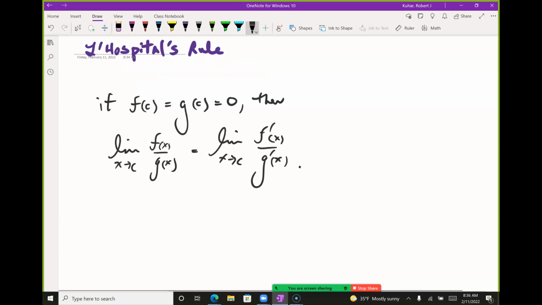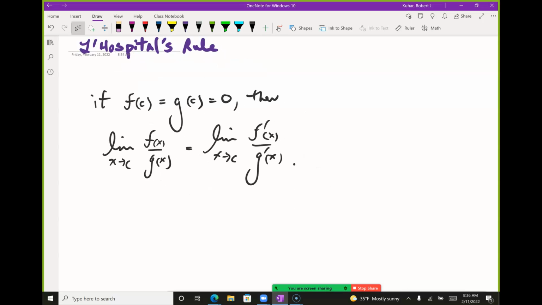So that's my theorem. And we'll do a couple of examples and I'll prove it.